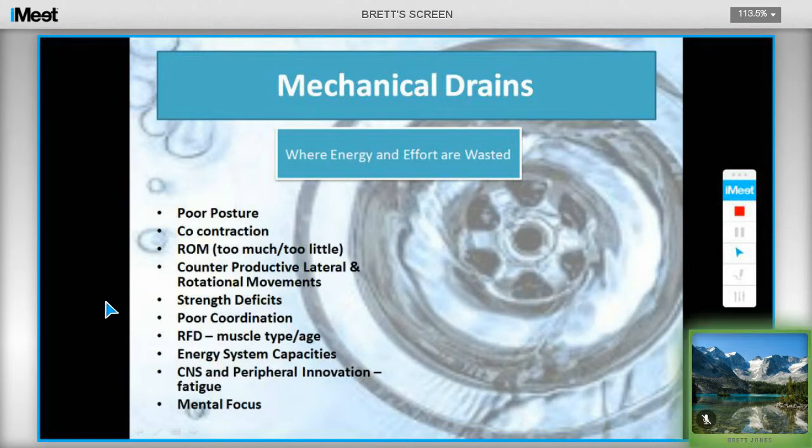Poor coordination is also a factor. People having a limited ability or knowledge of where their body is in space, so some proprioceptive knowledge there, can also impact on their alignment and their understanding of how they feel when they run.